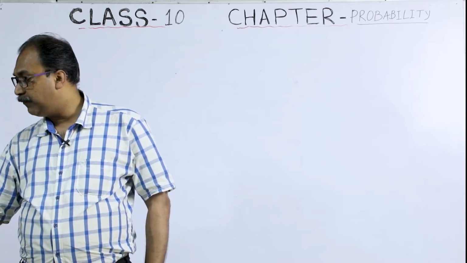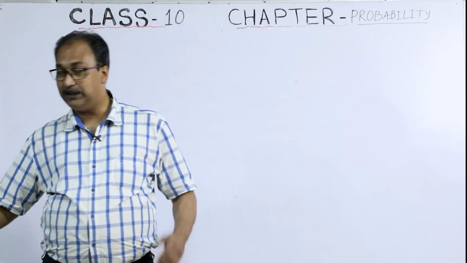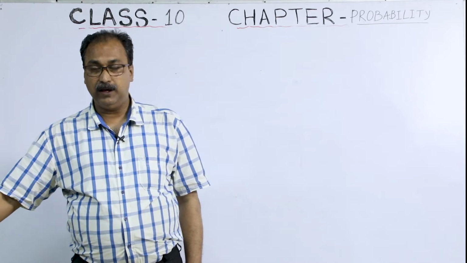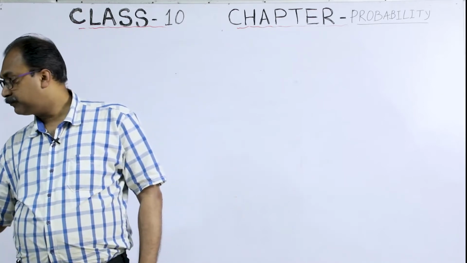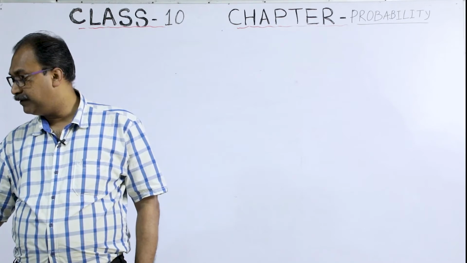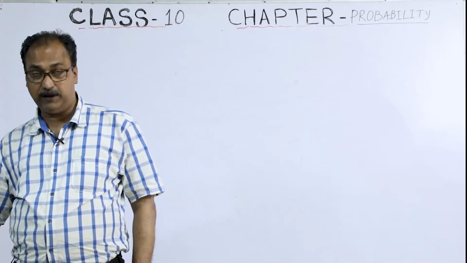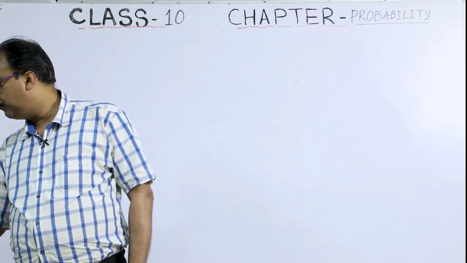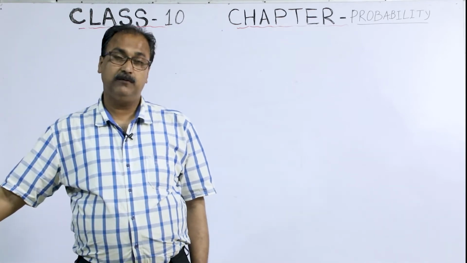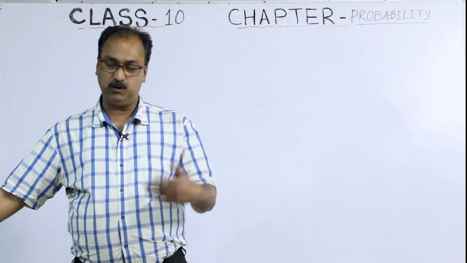And what is the probability the fish taken out is a male fish? So the favorable outcome will be the number of male fish, that is 5, and the total number of fish in the tank is 13, 5 plus 8, yes or no, 5 male and female is 8. So what is the probability of male fish? 5 by 13. That is easy to solve.